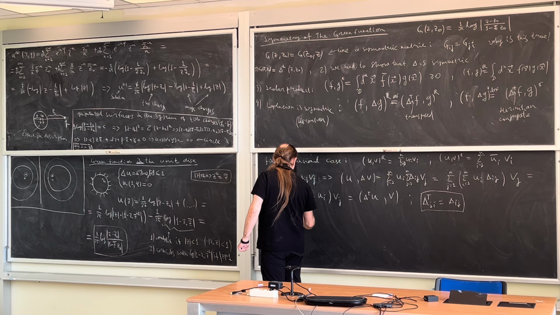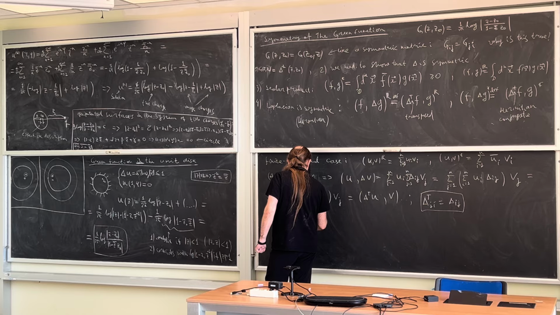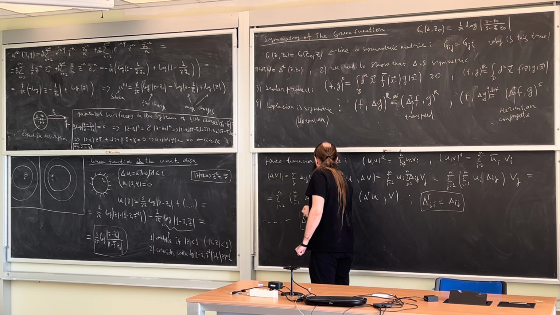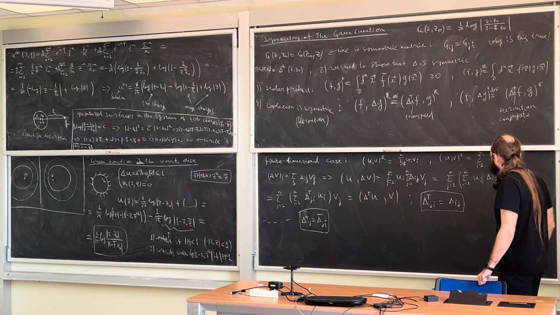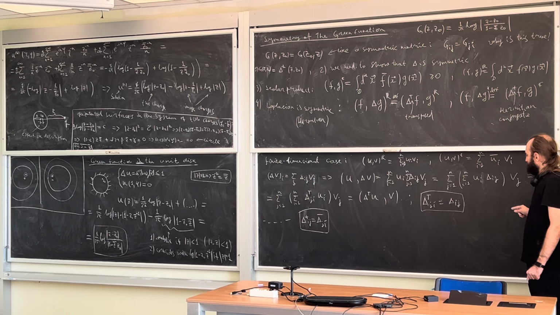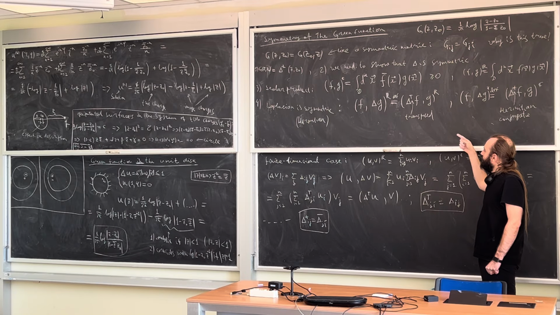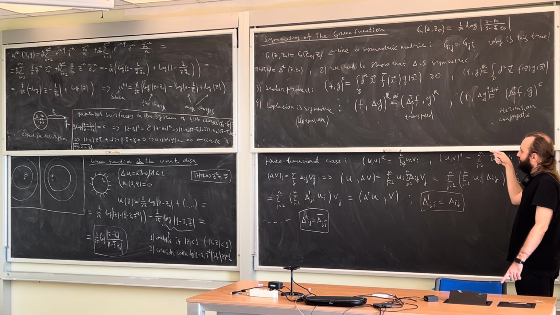So delta Hermitian conjugate ij will be delta ji complex conjugate. So it's a justification why transposing the operator acting on the Green function will give the Green function with exchanged arguments.